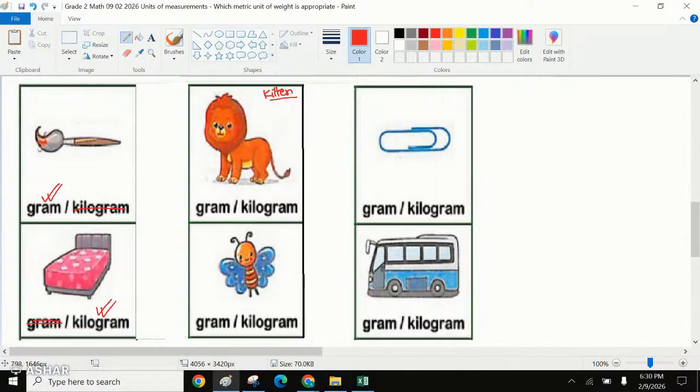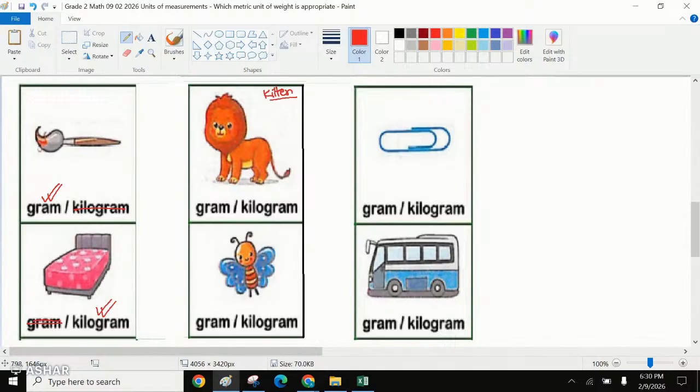No, Valerie, it has to be kilogram for the bed. Okay, the bed can, yes. If it's a kitten, I'm not doing a lion over here, right? So if it's a kitten, if it's a kilogram, can it, yes, grams. Cordova, Valerie is right, right?